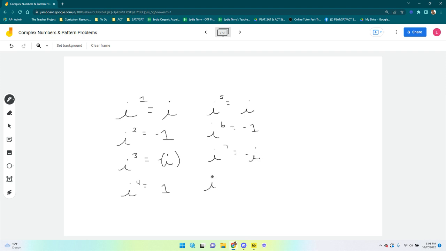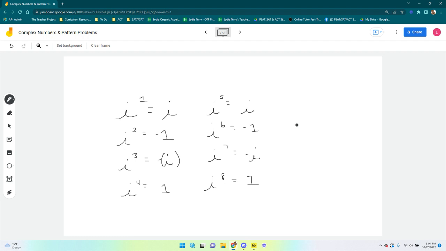And then i to the eighth will be 1 squared, which is 1. We have a pattern, okay? This pattern will go on forever. It's a pattern of 4 that repeats, okay?